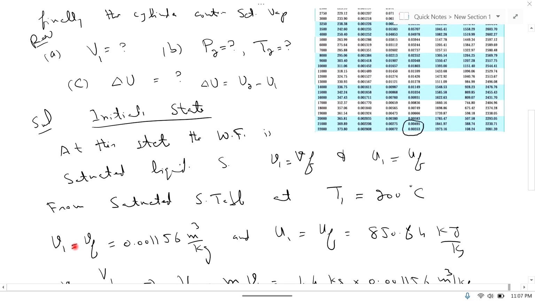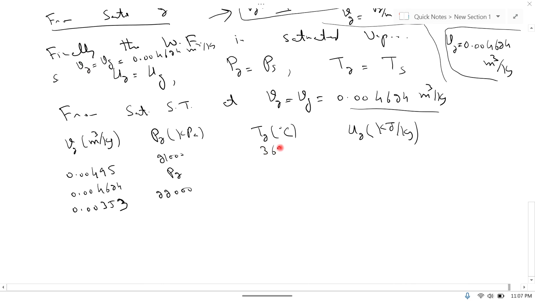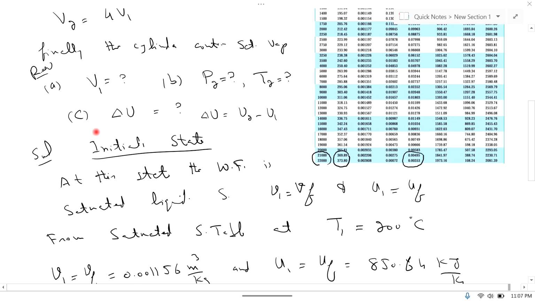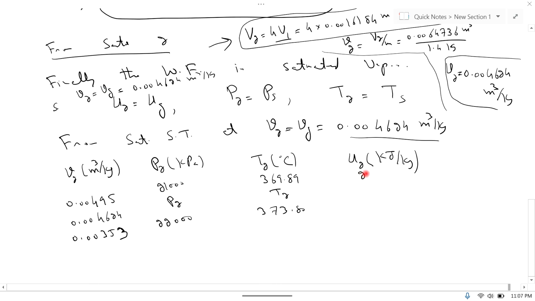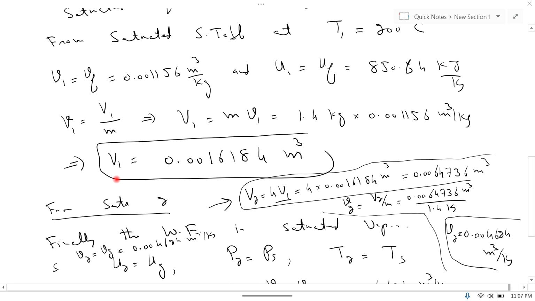Similarly, temperature is 369.89 and 373.80, and we have to find T2. Similarly, U2 is equal to Ug, and the last column is for U. The two values are 2230.71 and 2081.39, and here we have to find U2.